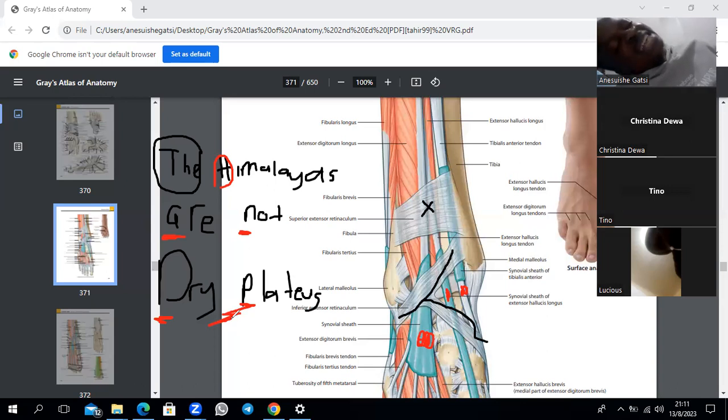The Himalayas are not dry plateaus from medial to lateral. When I do the posterior leg, I'll show you that there's only a slight change. The hallucis and the digitorum, they switch when we go to the flexor retinaculum at the back. So I'll give you a new mnemonic, which will read that Doctors Are Not Hunters. Right? But we'll get there.